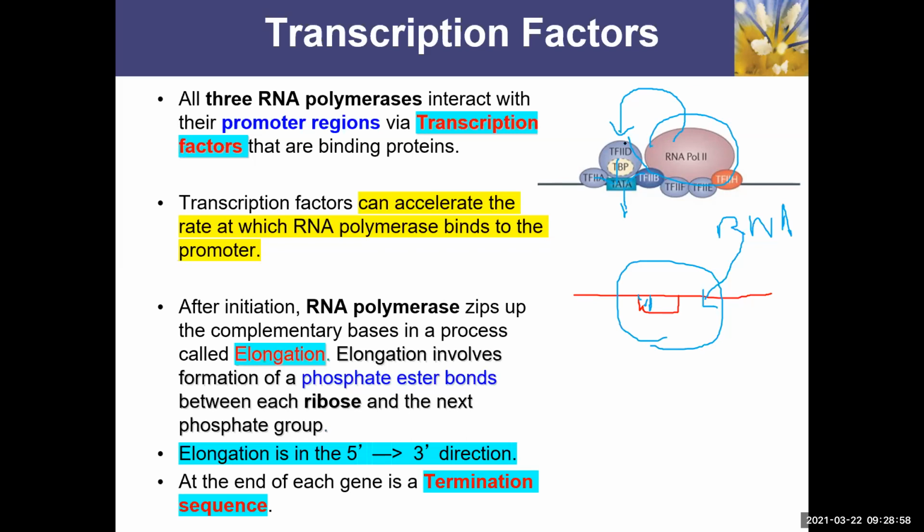So we don't have to know a lot of things about the transcription factors. All you need to know is that they're very much required for the transcription of eukaryotes, because your RNA polymerase cannot bind unless all the transcription factors have bound, and then only they recruit or attract the RNA polymerase.